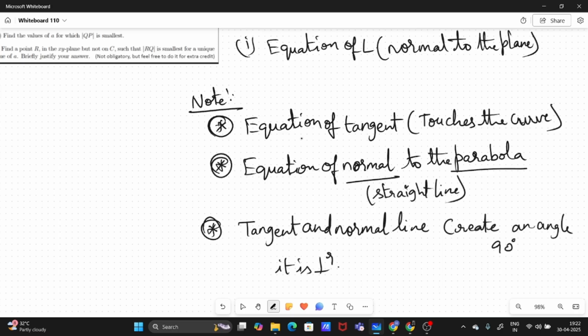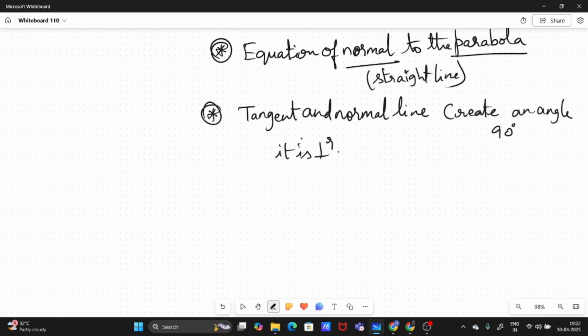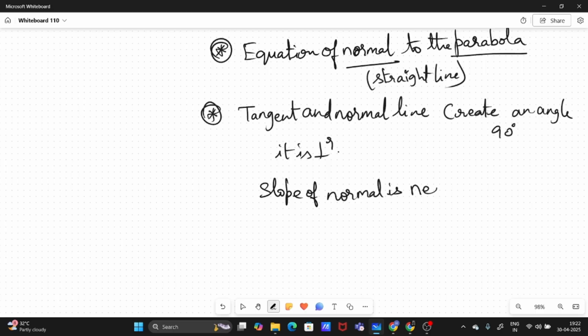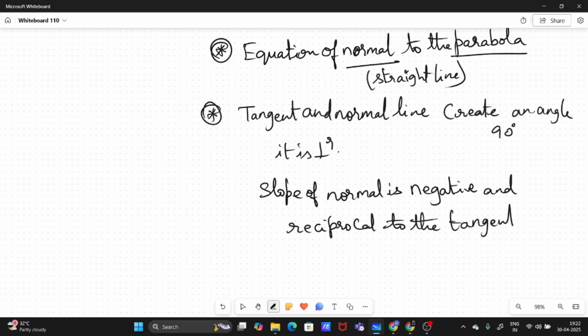Since they are perpendicular, we know that the slope of the normal is negative and reciprocal to the tangent's slope.